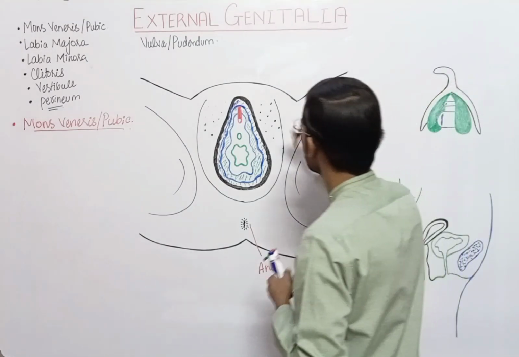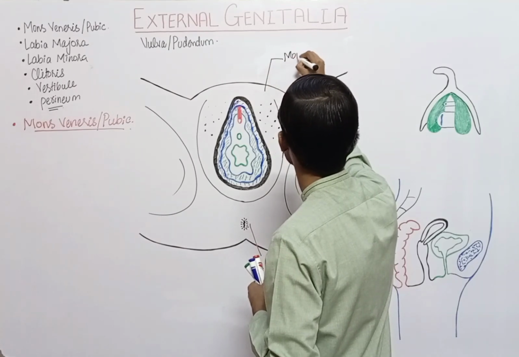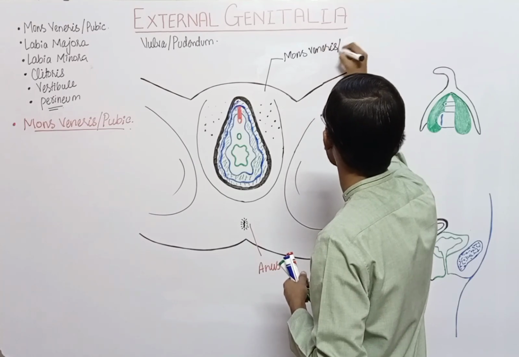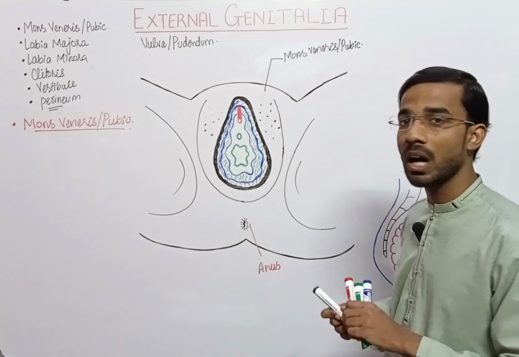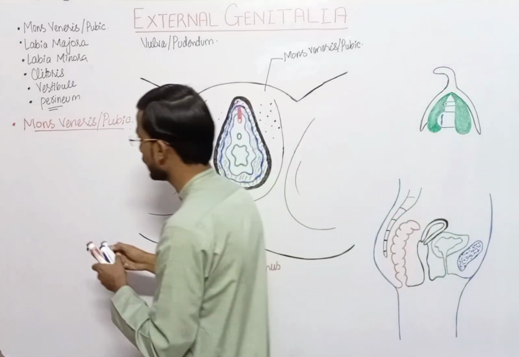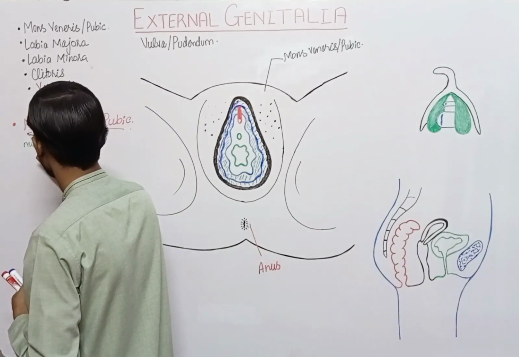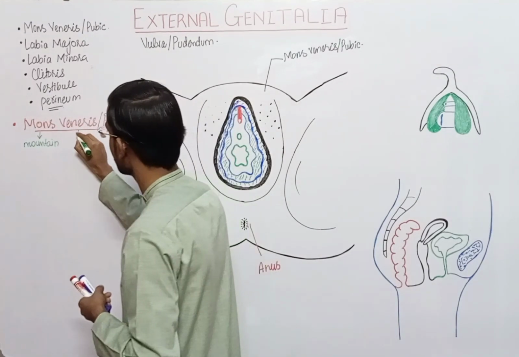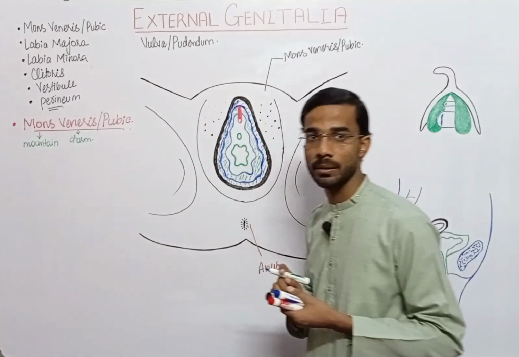Here this component is the mons veneris, or pubic. Why do we call it mons and veneris? Mons means mountain, and veneris means charm or attraction.